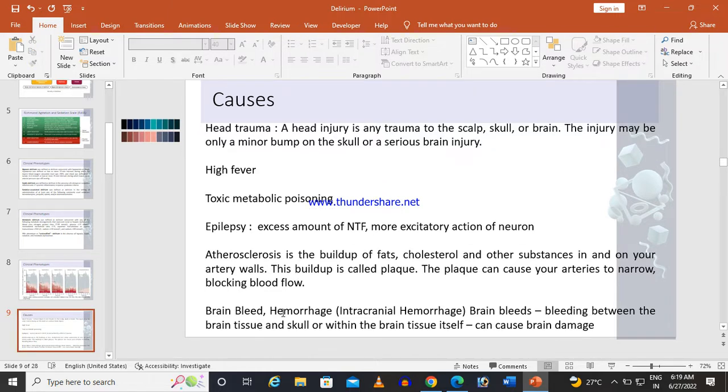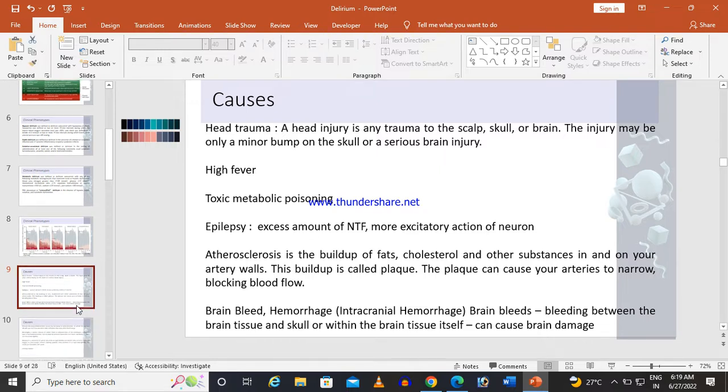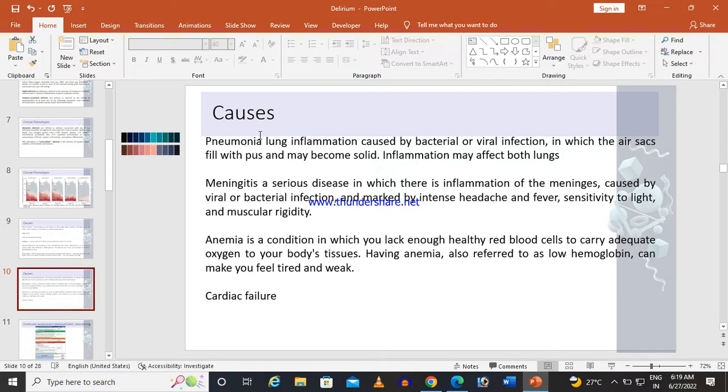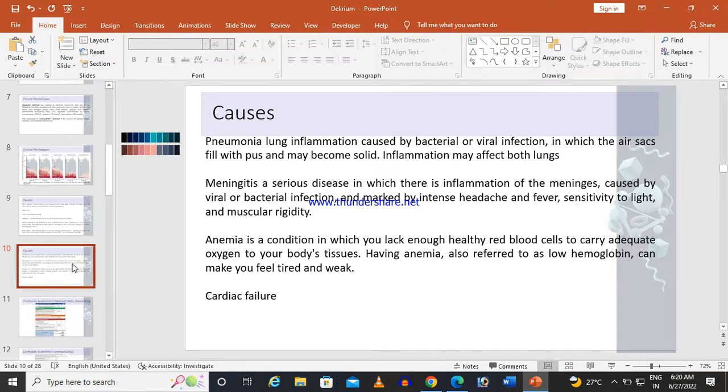Also brain hemorrhage, pneumonia, meningitis, anemia, cardiac failure. You know the HIE, hypoxic ischemic encephalopathy, which happens mainly to children during prolonged labor. This also may cause delirium in children.